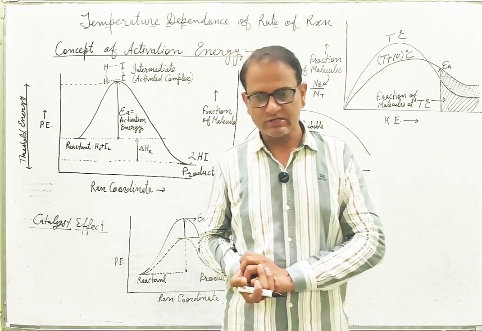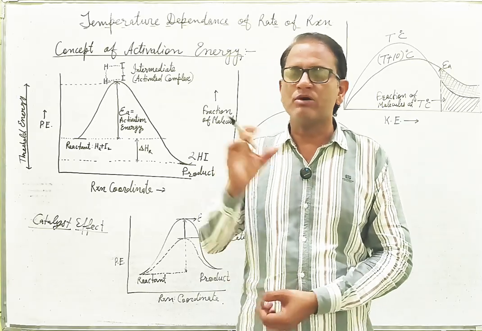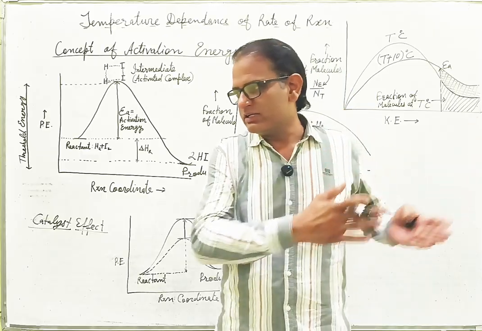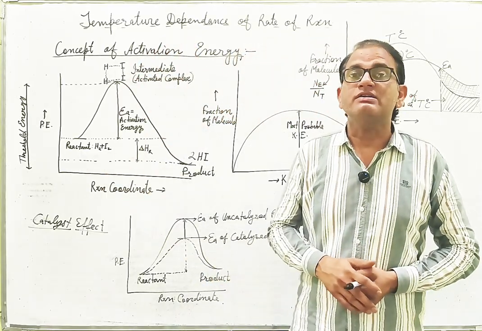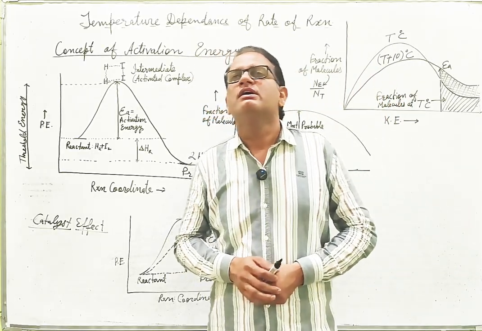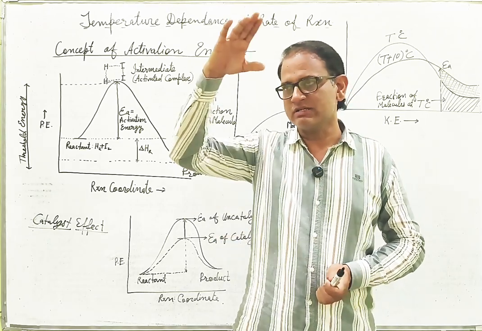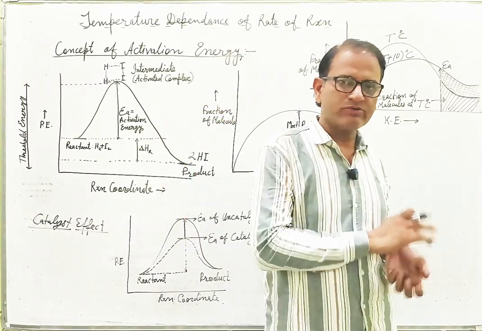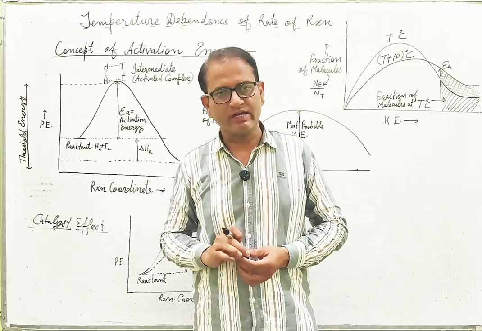For that, the reactant needs a certain amount of energy to reach a maximum level of energy, and that is what is called the threshold energy. So first the reactant gets some extra energy to reach that maximum level.